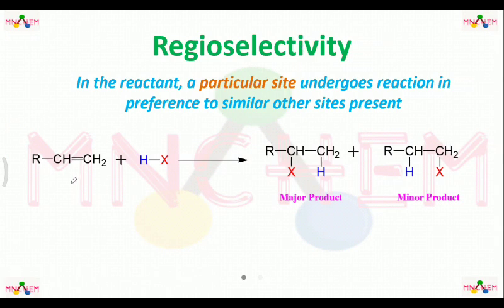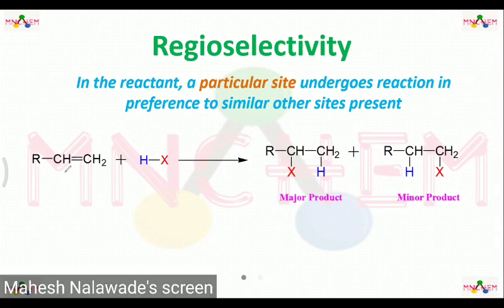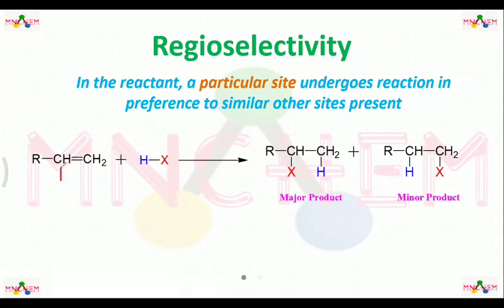To understand this better, one can see that when the addition of halo acid takes place, there are two sites, or two carbon atoms, to which the hydrogen and halogen can be added.